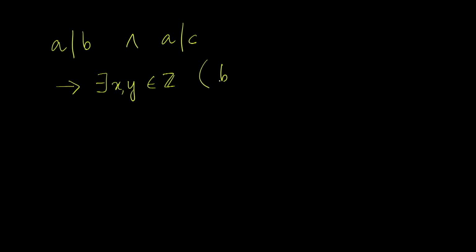How do we show this? What is given is this: a divides b and a divides c. If this is the case, then by the definition we know that there are integers x and y so that b equals ax and c equals ay. b is a multiple of a and c is also a multiple of a.